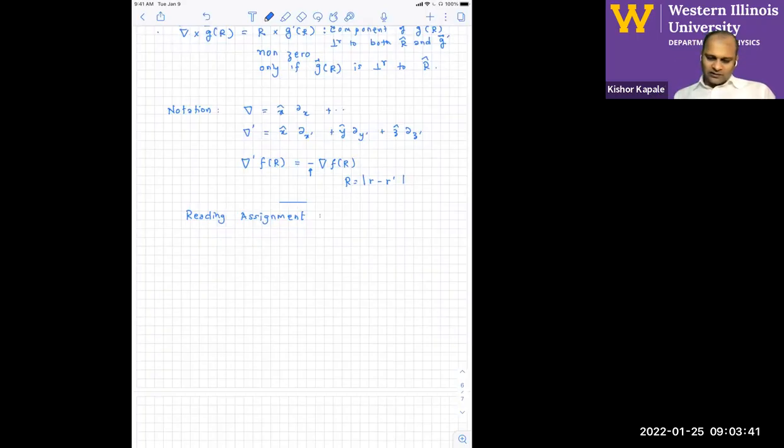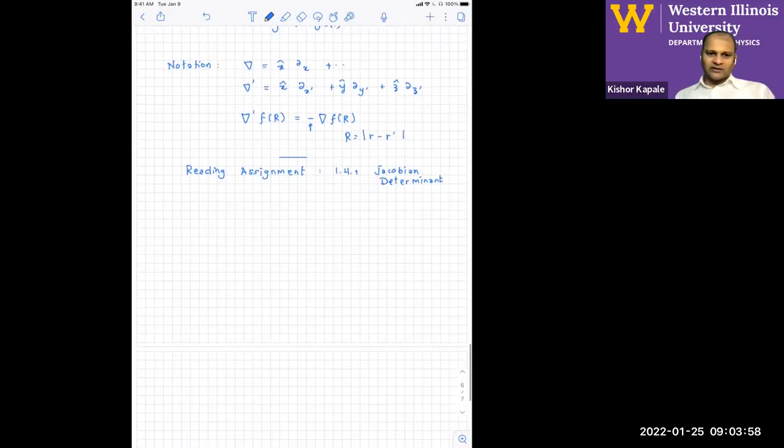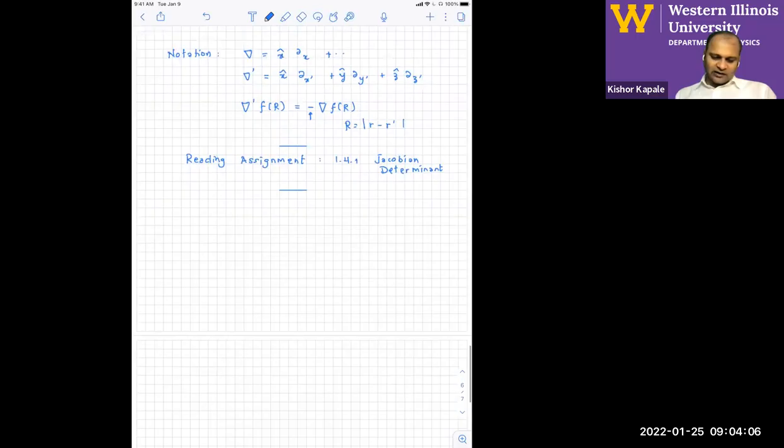This is 1.4.1, Jacobian determinant. It's very important when you do coordinate transformations. It's actually useful for any sort of orthogonal transformation, but here we are going to think about it in terms of coordinate transformations. So I'm not going to go there. Let's take a look now at Taylor expansion.